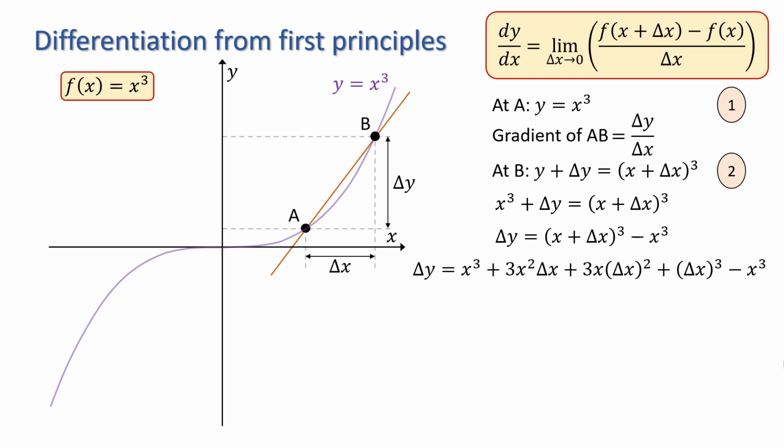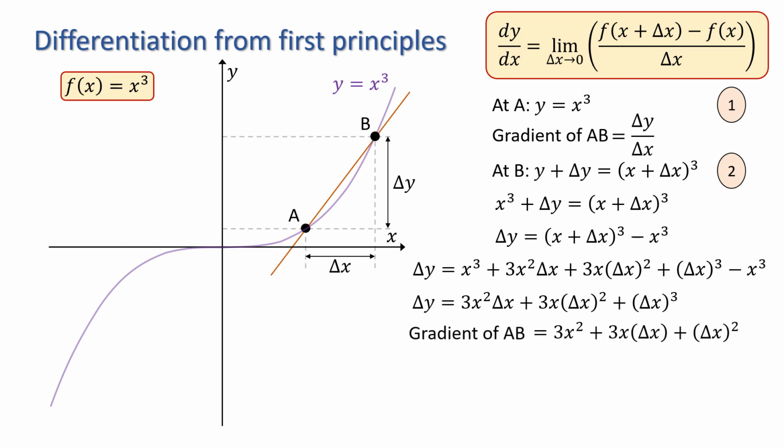We can see that the x³ terms cancel, yielding 3x² delta x + 3x delta x² + delta x³. To find the gradient of AB, we need to divide this expression by delta x, giving 3x² + 3x delta x + delta x².